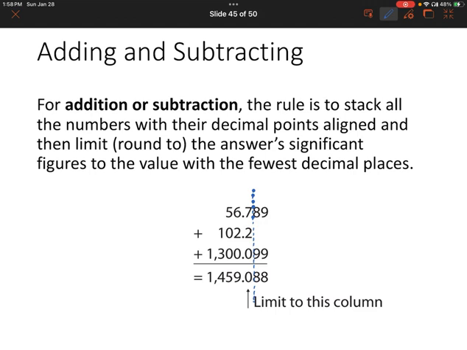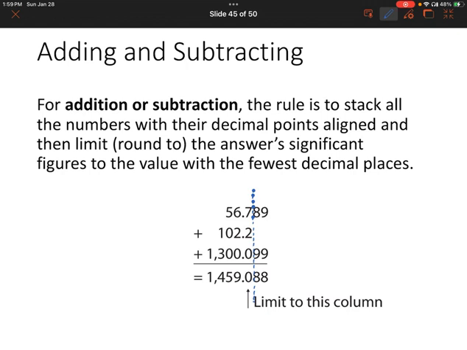Part of the reason we have to do this with our values is we can only be as precise as our least precise instrument, right? So let's say we measured using 3 different rulers, and one ruler was just not very precise. And we had to add all of the measurements together. Well, we can't be more precise than our least precise instrument, so we have to limit our final value to that instrument's precision.